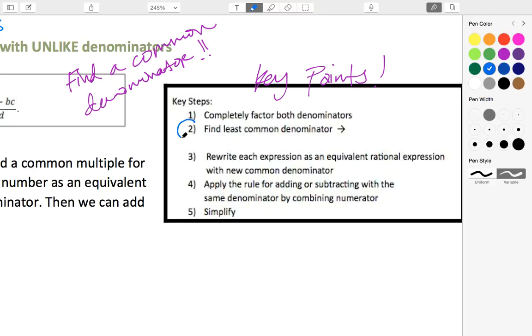This is probably the most key thing. When you're finding the least common denominator, you need to identify all unique factors with the greatest exponent for each factor.